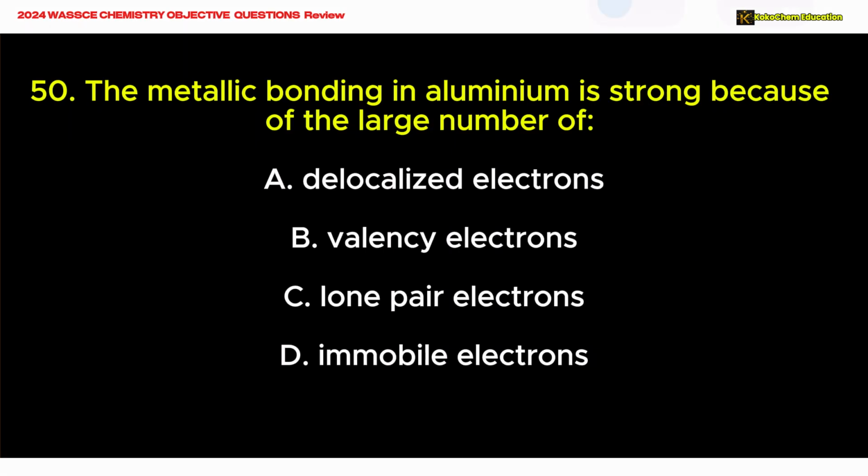Question 50. The metallic bonding in aluminium is strong because of the large number of A. Delocalized electrons, B. Valence electrons, C. Lone pair electrons, D. Immobile electrons.